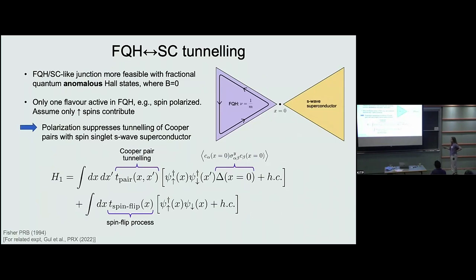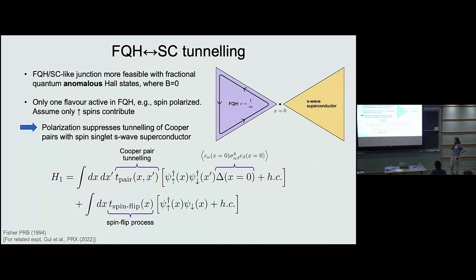And then I'm also going to need to have some sort of spin flip process. I'm going to break the spin symmetry. This could exist, for instance, because of spin orbit coupling, which is of course present in TMDs. In TMDs, you would also need to worry about valley, but that shouldn't be a problem either, really.